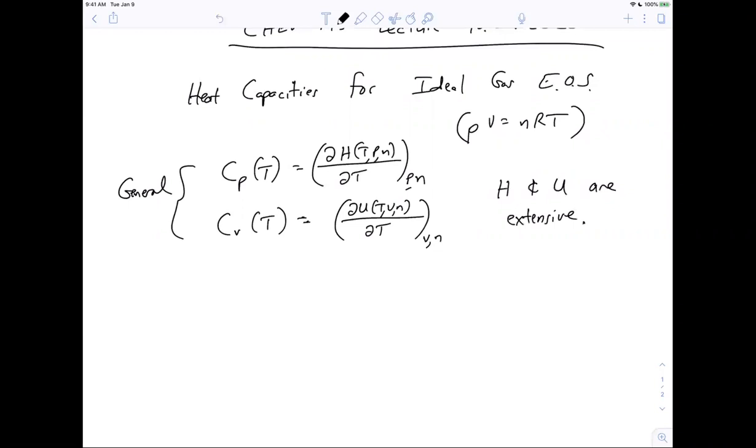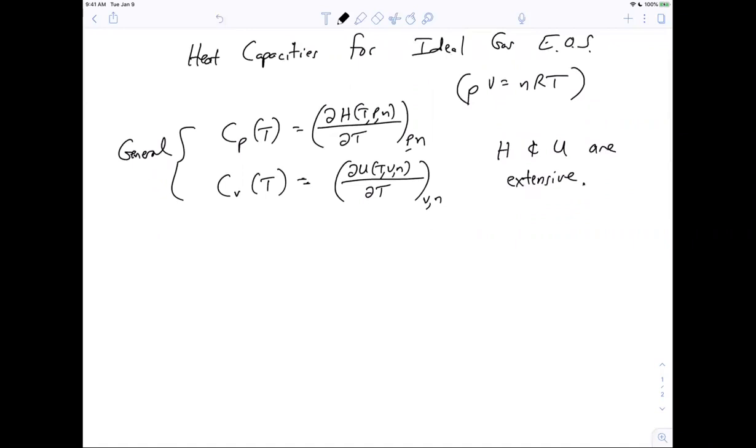So if I double the amount of system, then I'll have twice as much H and U. Both of our thermodynamic functions here, H and U, are extensive.